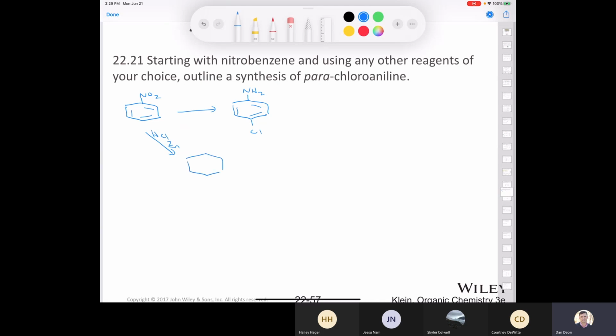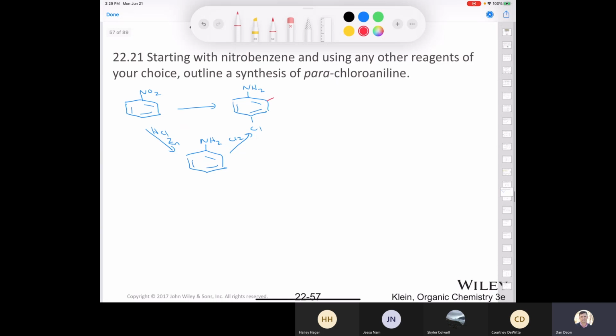That's going to give me aniline, and then I can just go ahead and chlorinate that with Cl2. But the problem is, not only will you end up with the chlorine there, but you'll get polychlorination because this is so strongly activating. And so, just like the previous problem, we want to try to mitigate the reactivity of the nitrogen on the ring.